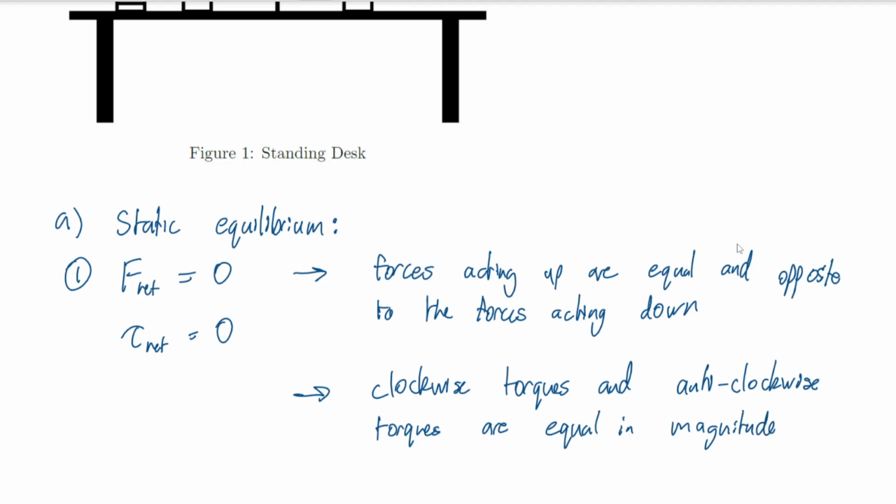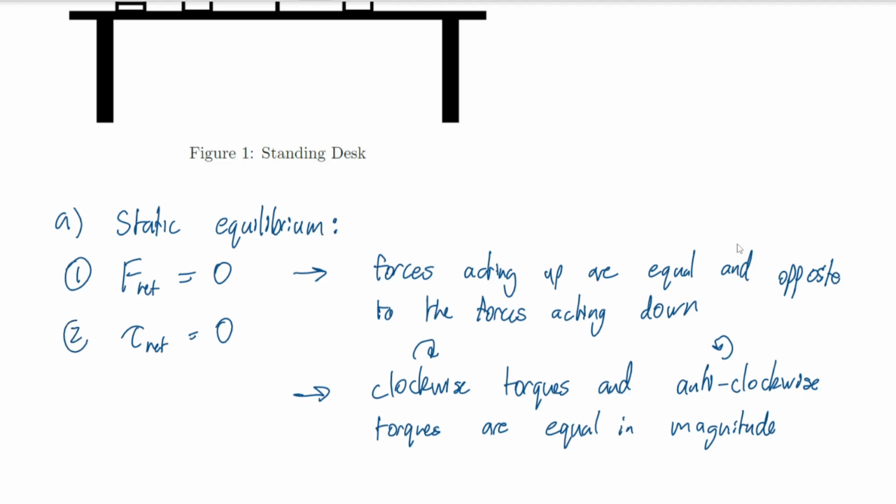And since I specified clockwise and anti-clockwise already, it's clear that they're acting in opposite directions. Right? But just like forces, the torques are equal and opposite when they're acting in the opposite directions.